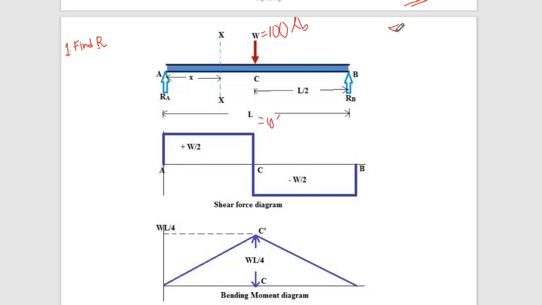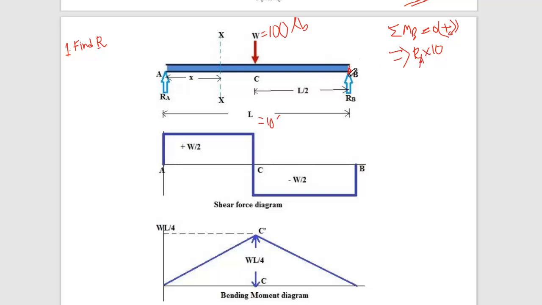First of all, take moment at point B, and suppose clockwise is positive. So RA into 10 is clockwise. And this load is acting downward and rotating anti-clockwise, so minus 100 into 5.